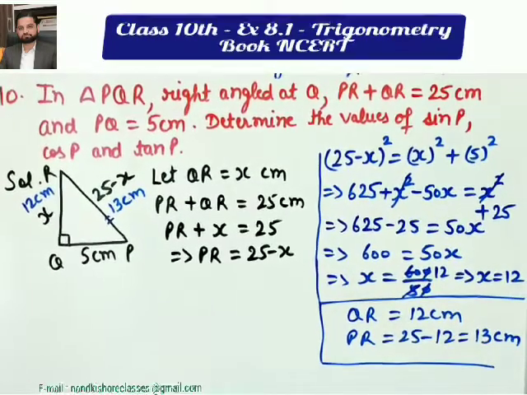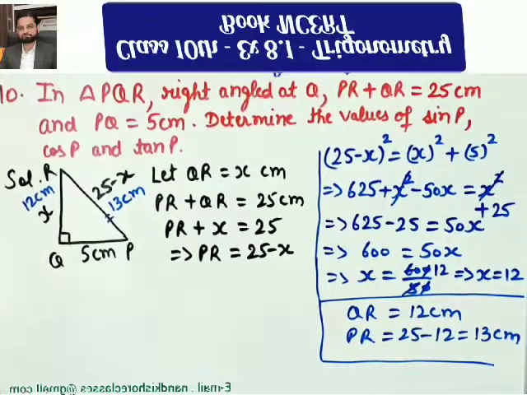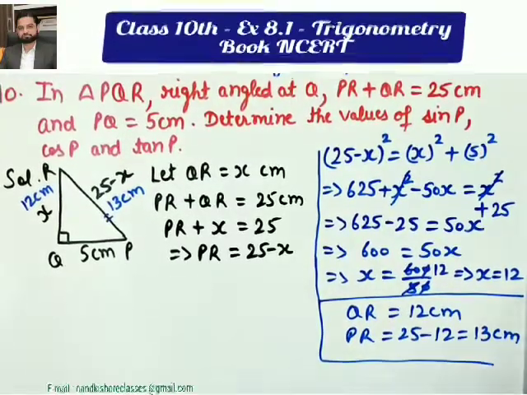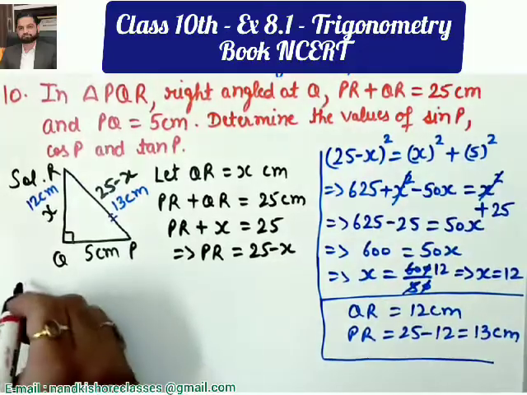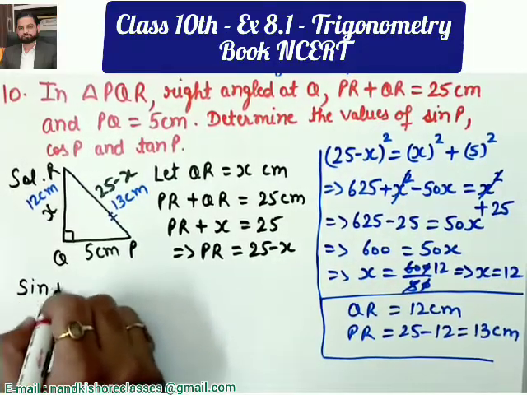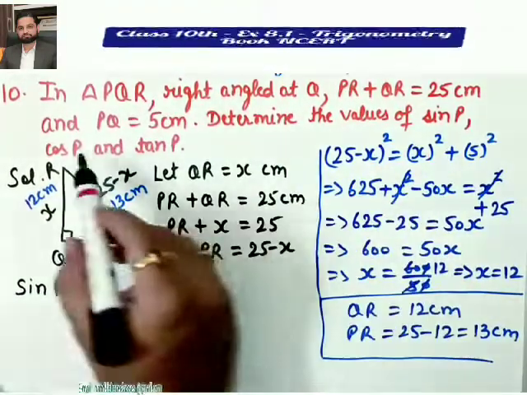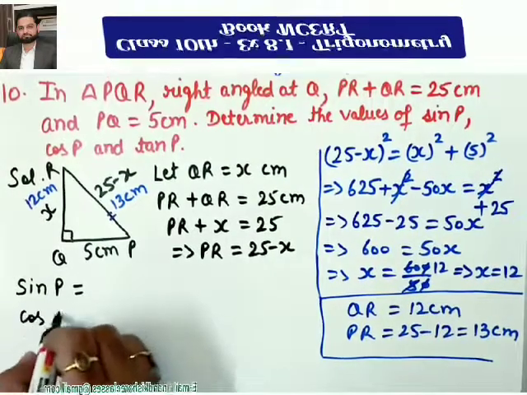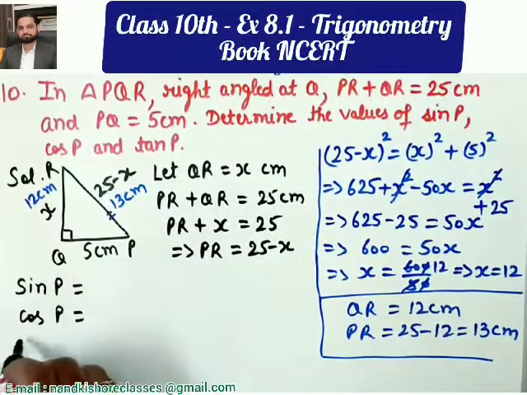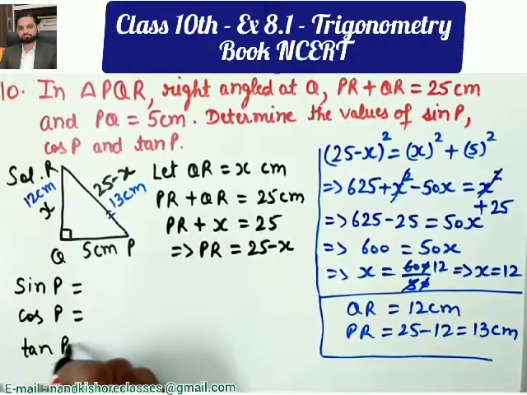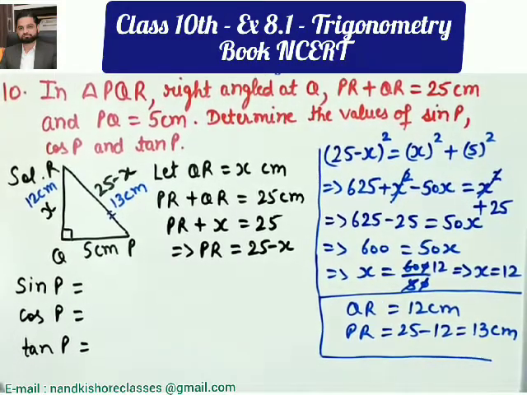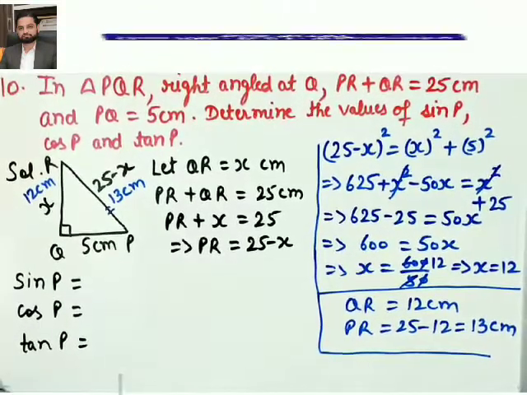Now we have got all the sides of the triangle, and finally what we need to find, look here, we need to find sine P and what else, cos P and tangent P. Just we need to write the answers of these three trigonometric ratios where angle P is used.